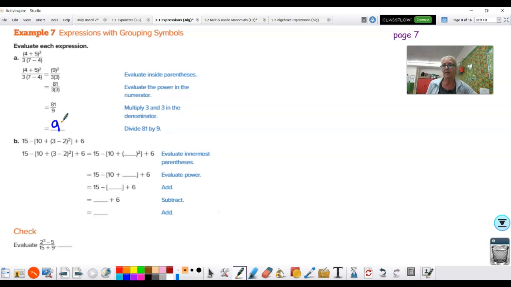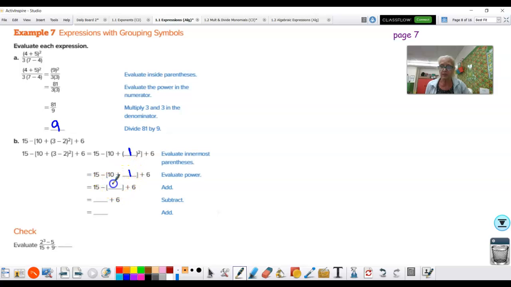All right. And example B, they have multiple sets of parentheses. Always do the innermost parentheses first. So that's what they're going to do in here. They're going to do this 3 minus 2, that's 1, and 1 to the second power is 1.